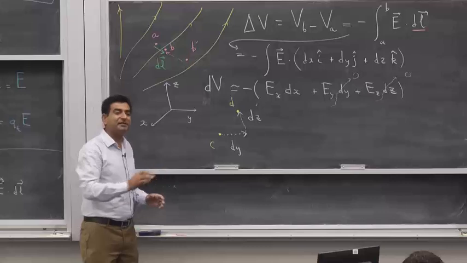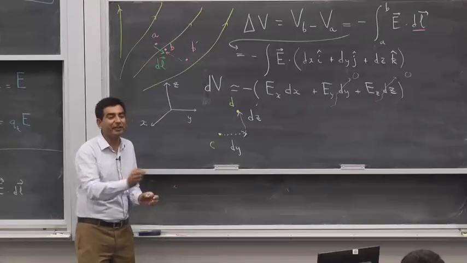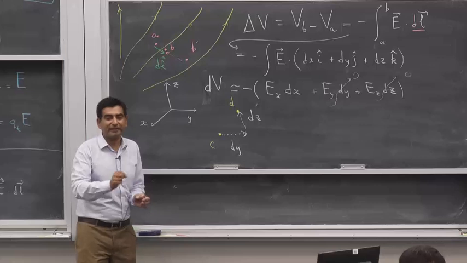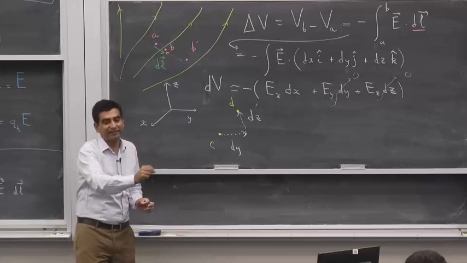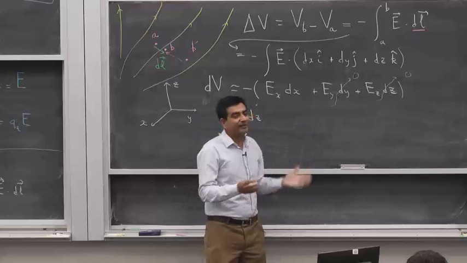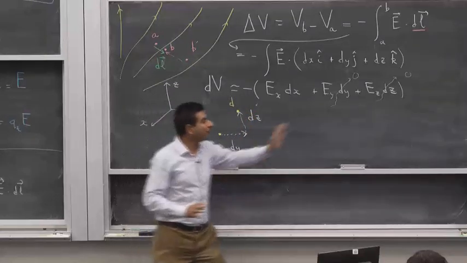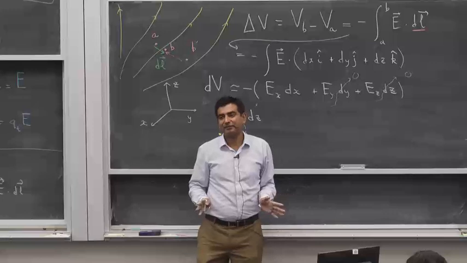I'm making a displacement only along the x direction. I can break up any displacement into three orthogonal movements along the x-axis, the y-axis, and the z-axis. If I put this equal to 0, this means that my dy is 0. I'm only moving along the x-axis. I'm not moving along the y or the z-axis.